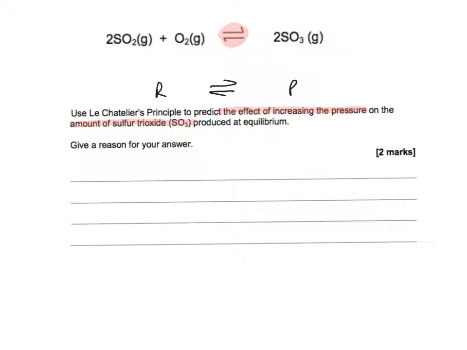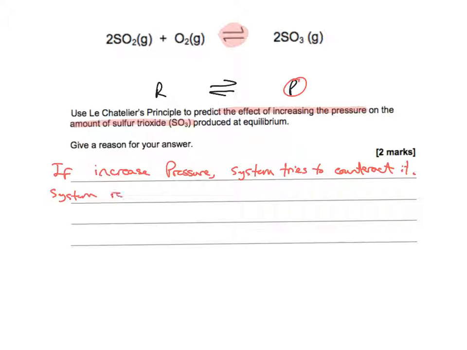So if I increase the pressure, what happens to the amount of my product? Again, the system tries to counteract it, so the system will try to reduce the pressure.